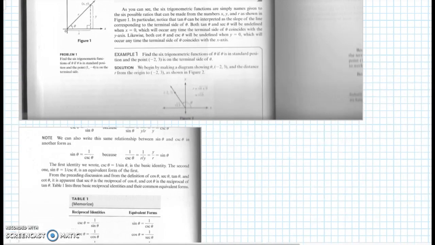Okay, let's turn to section 1.4. In section 1.4, we have the formal reciprocal functions here in table 1. Notice that what we have here are 6 statements of equality.